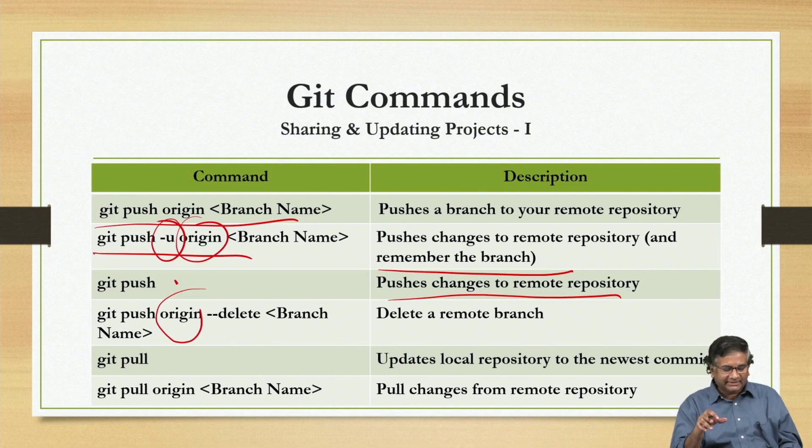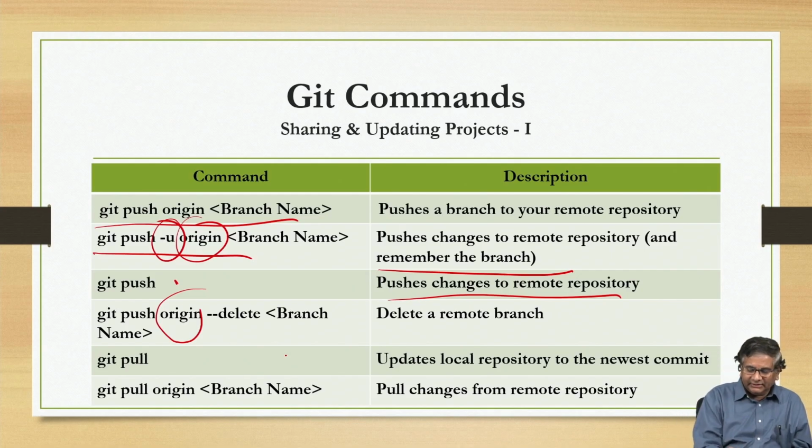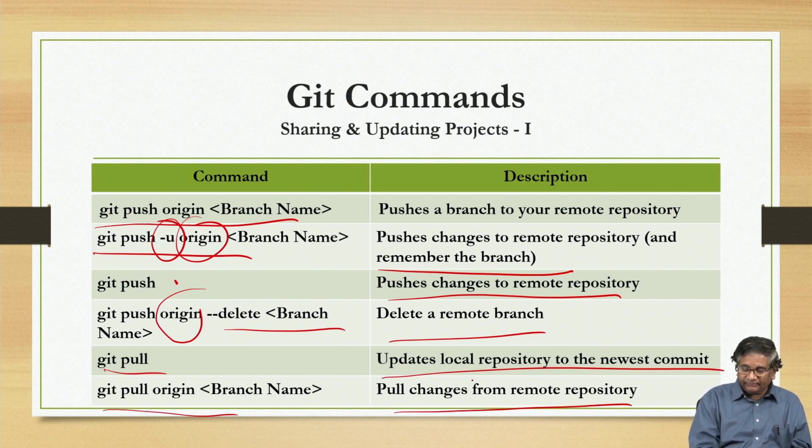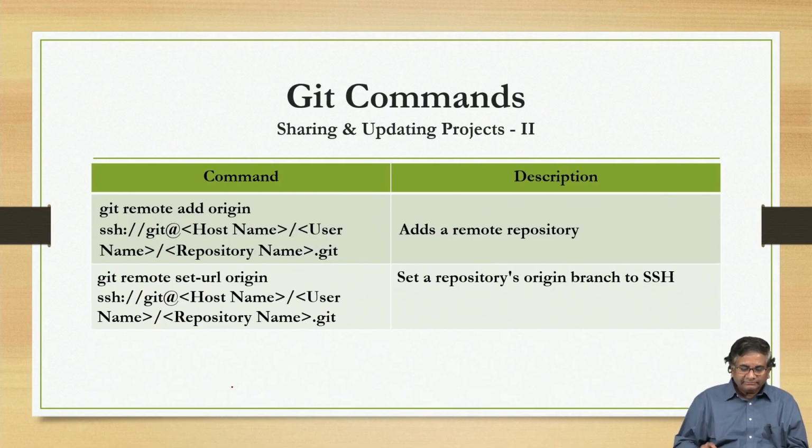Here it is to delete a remote branch: git push origin minus delete. Git pull, same thing. Git pull origin pulls changes from a branch. This is from the already tracked branch, right? So that's pretty much what it is.